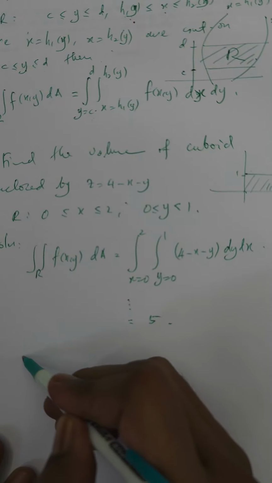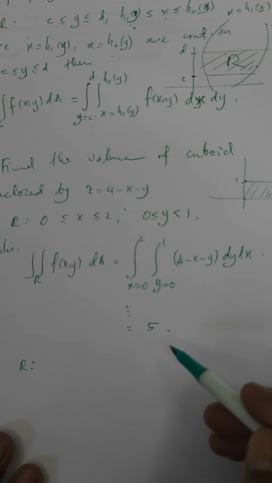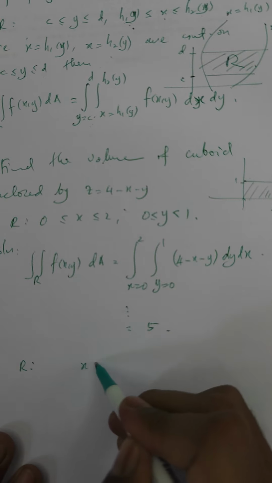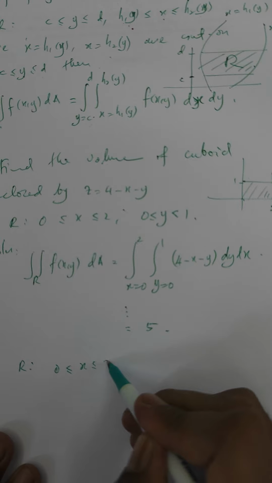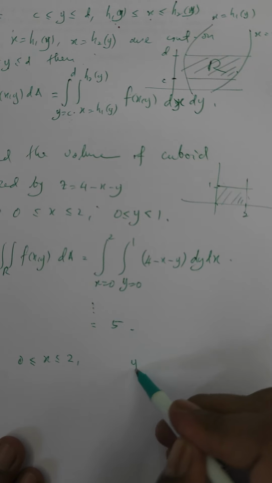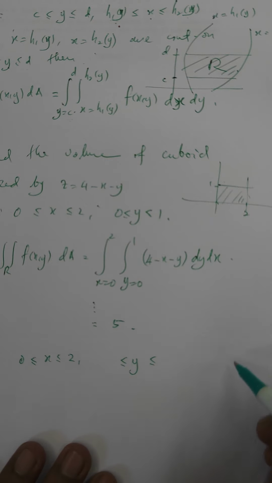If I have R given as x from 0 to 2, and y, let's say some function, I want x from 0 to 2, and then I want a function that looks like that and like that.